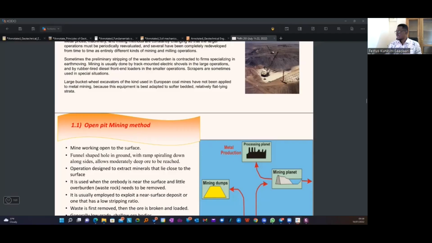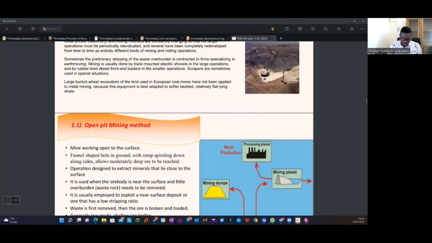When it wants to mine, you don't need to load it. As it goes along and gets to the material, it opens its bottom and begins to scoop the material. As the bucket is getting full, it closes up. When it gets to its final destination, it opens up and starts moving. Then the material will spread across the whole surface area where it wants to do the dumping. And so these are also some of the equipment that are needed. Some will be large, others will be small.